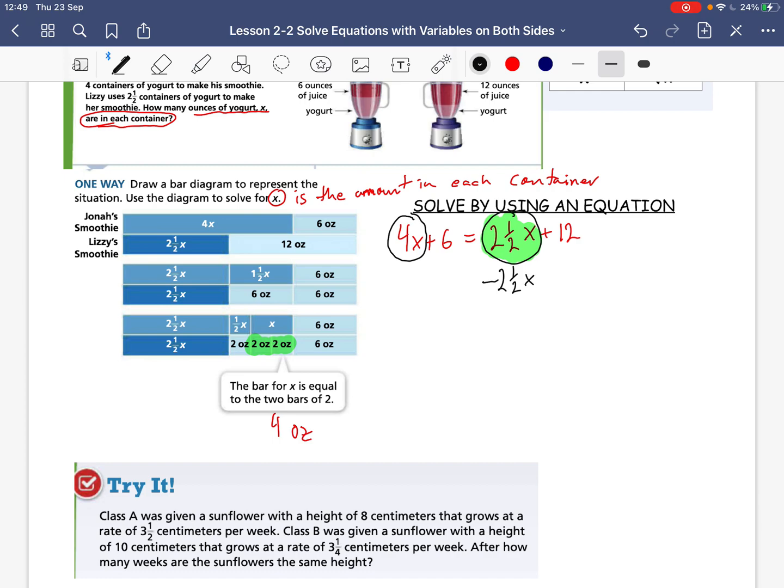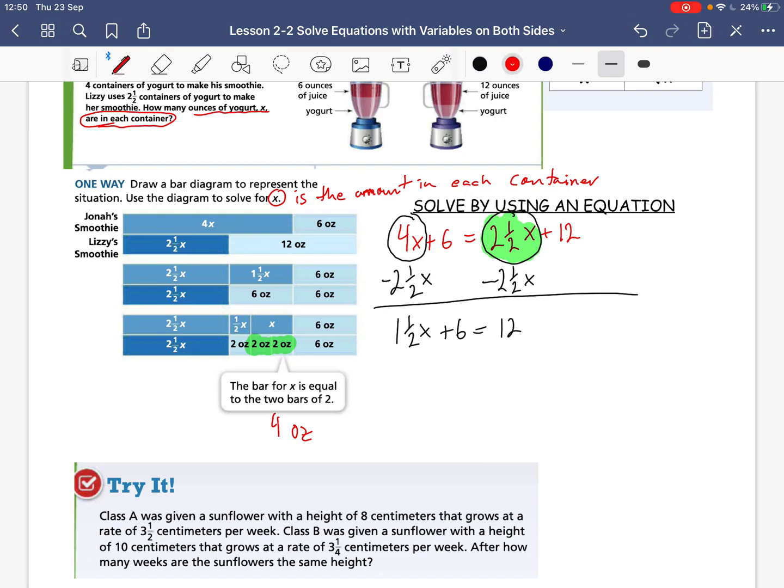We're moving that x with it, and we are subtracting that from both sides. Okay? This is how we need to show our work, horizontally, line by line. So now we can look and see 4x minus 2.5x, I forgot to write the x there, is 1.5x plus 6 equals 12.